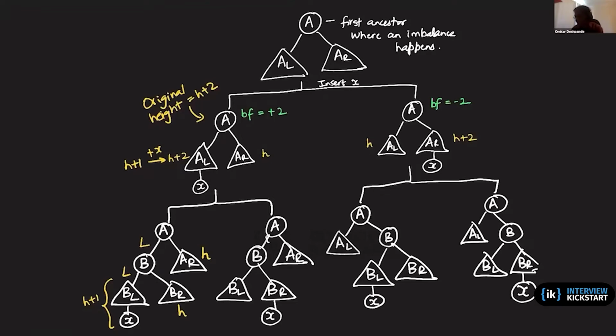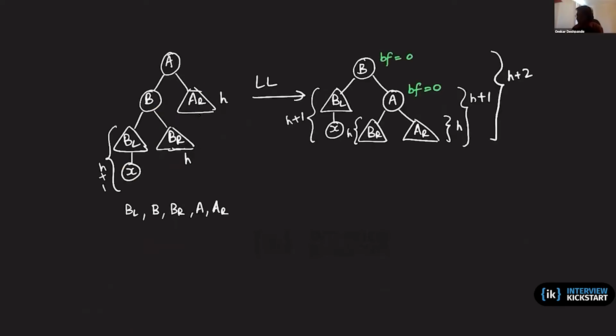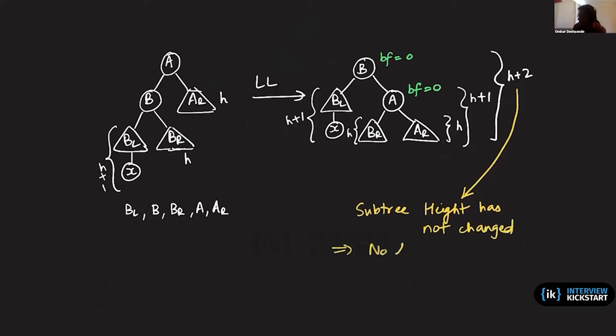Right subtree was H. Right. So the original height of the subtree rooted at A was H plus 2. The final height is also H plus 2. Height has not changed. Height of the subtree has not changed. This means no further repercussions up.